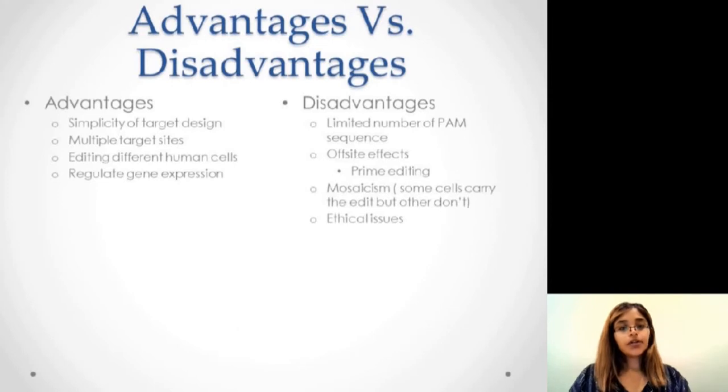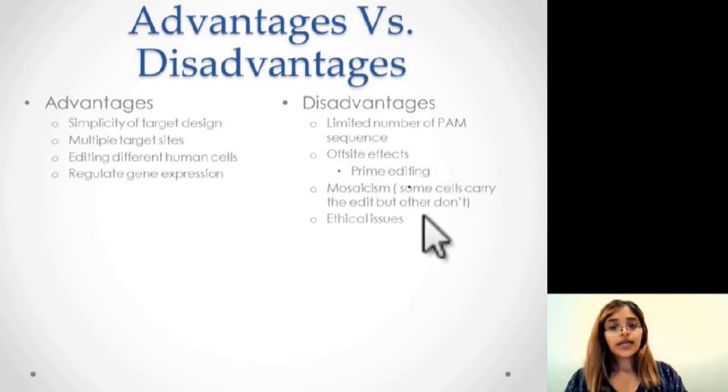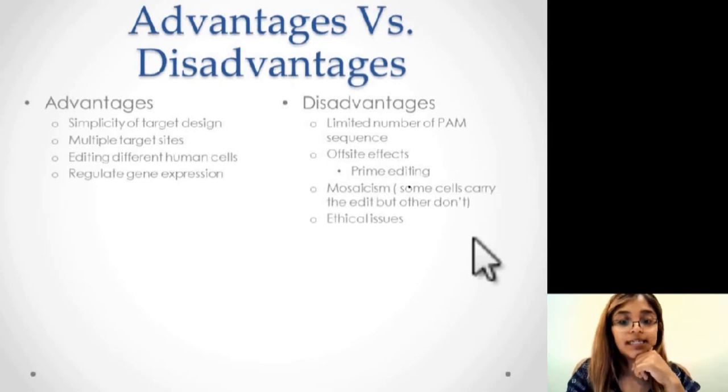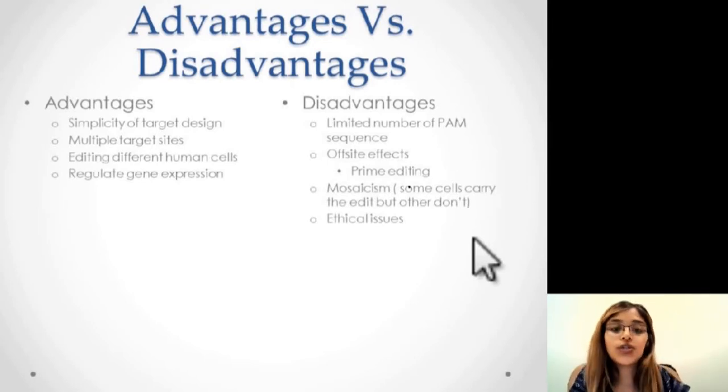Because our DNA sequences are similar in other parts of the genome, the guide RNA can end up binding to a place you didn't desire to bind to, and therefore the Cas9 nuclease will cut at undesired places, which can cause mutations and things that we don't know how they might affect the cell. So the off-target effects are a big thing, and this is where prime editing comes in, which we'll discuss in a bit.